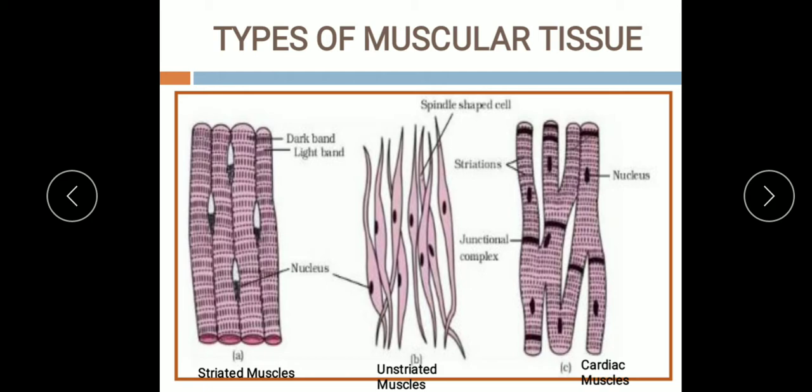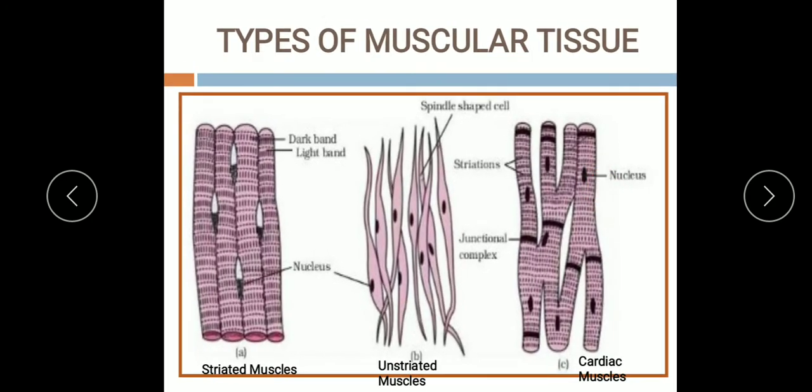So understood, children, cardiac muscles and their structure. So draw the diagram of all these three muscles and study them comparatively. So you can learn the differences between all three muscles, structural differences also, and the functional differences also. Understood?